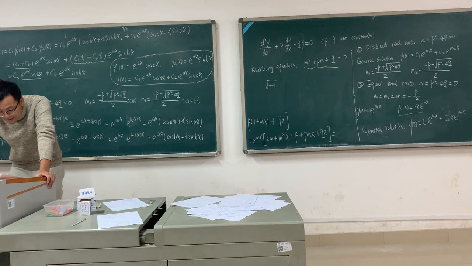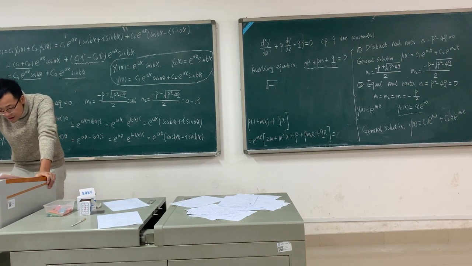The first case is distinct real roots m1, m2 of the auxiliary equation. For this case, the general solution is y equal to c1 e^(m1 x) plus c2 e^(m2 x). The second case is equal real roots, m1 equal to m2 equal to m.